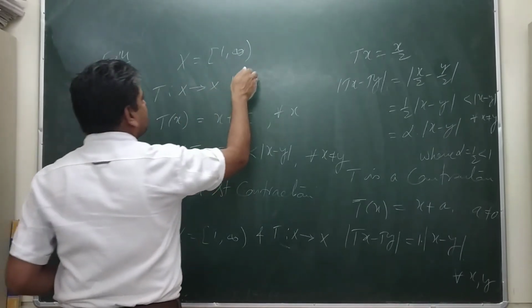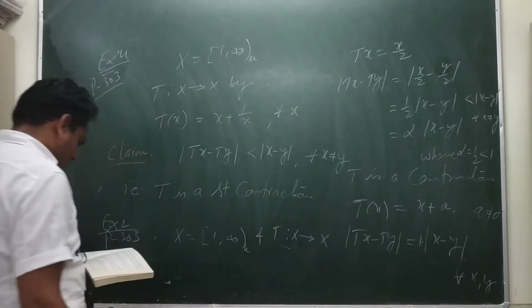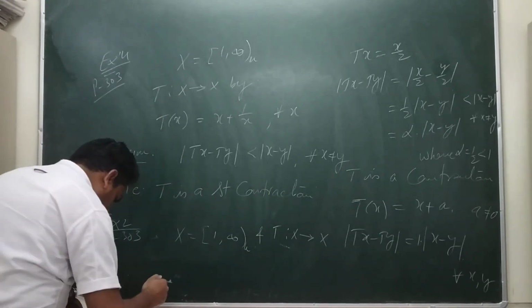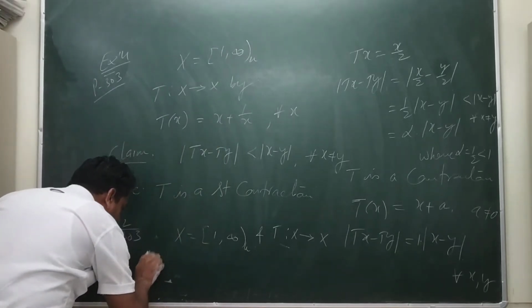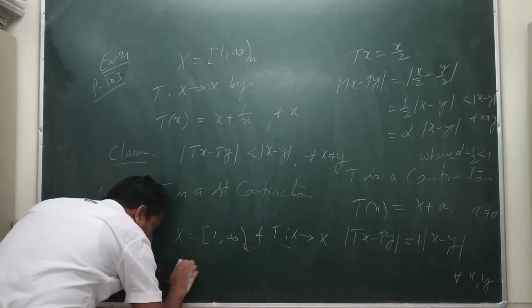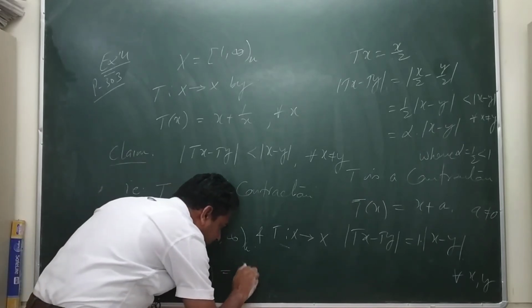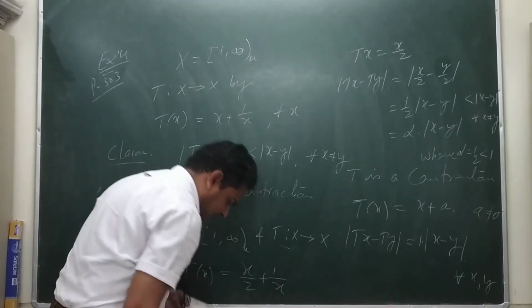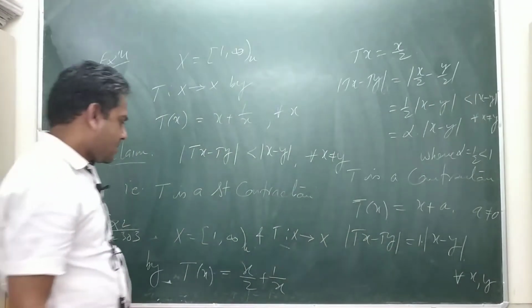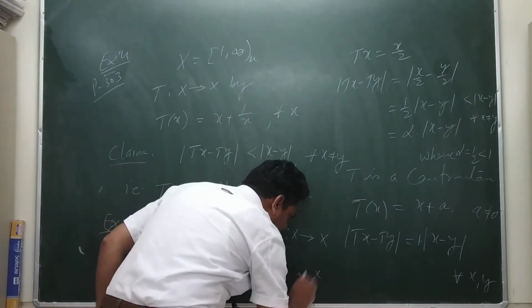The usual metric is understood here. Again define, this is a modification of the previous example, T of x equals x over 2 plus 1 upon x for all x in X.